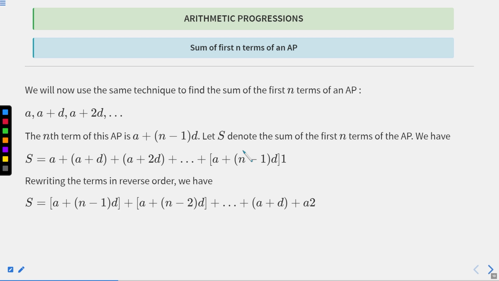So we have S is equal to A plus A plus D plus A plus 2D plus dot dot dot plus A plus n minus 1 times D. Now if we rewrite these terms in the reverse order, then S is equal to A plus n minus 1 times D plus A plus n minus 2 times D plus dot dot dot plus A plus D plus A.